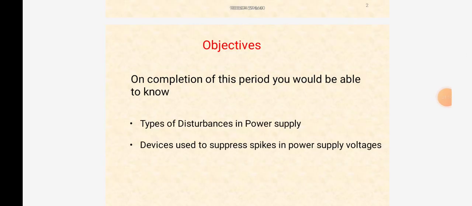Actually, what are the applications of electronic circuits? Nowadays, high quality, regular and uninterrupted power supply is a basic requirement of all types of power consumers. That means it will be used commercially, industrially and for domestic purposes.